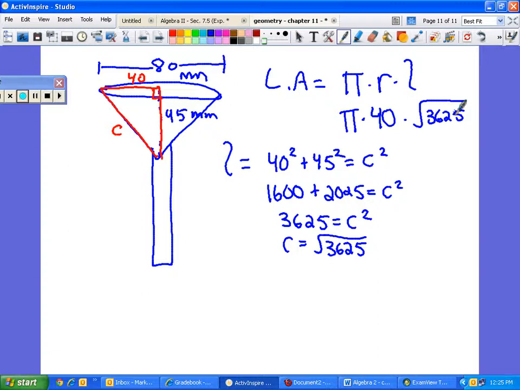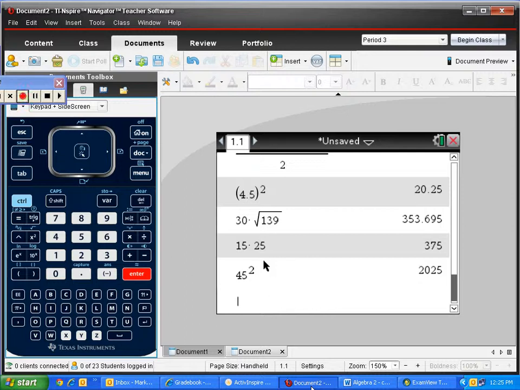Now, since we want a numerical value, we're going to plug in a number for pi. Where's the pi key?